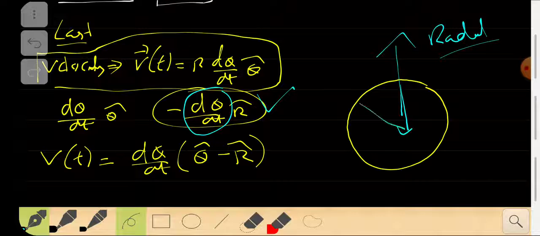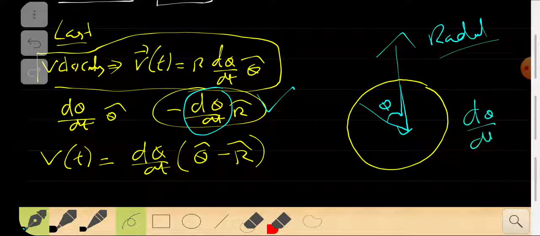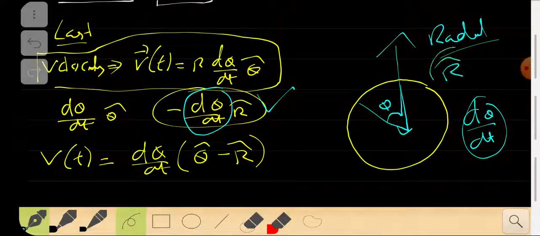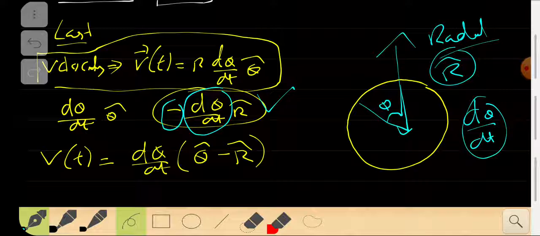So if theta increases faster with time, then d theta by dt will be much higher. If d theta by dt is higher, then the r cap component, the radial component, will be smaller. That's the minus sign right there. We can intuitively imagine that.